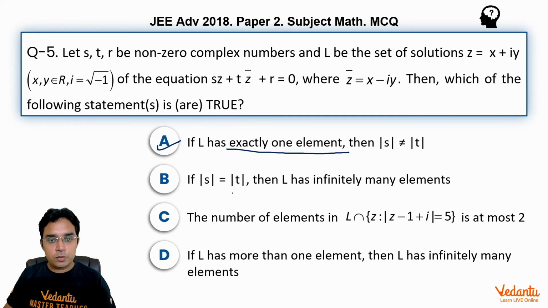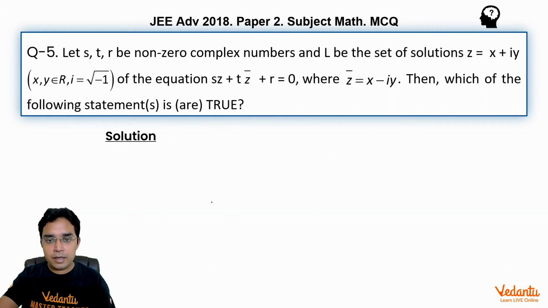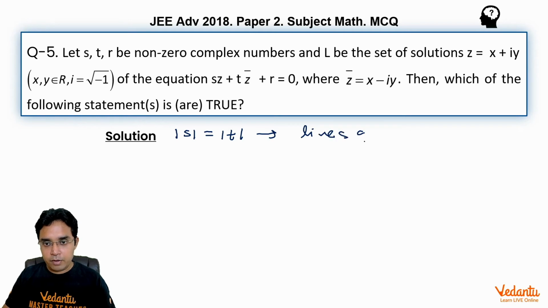Now coming to option B, which says if |S| = |T|, then L has infinitely many elements. If |S| = |T|, and we do the reverse calculation, we can see the lines will become parallel. Lines given by 1 and 2 will be parallel.